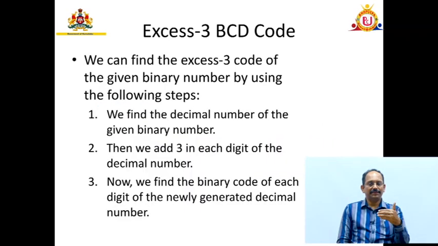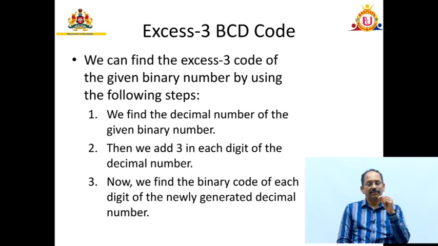When the process takes place, first each digit of the 537 is considered separately and the decimal value 3 is added to each digit of the number. That is, in 537, 5 plus 3 is 8, 3 plus 3 is 6, 7 plus 3 is 10.